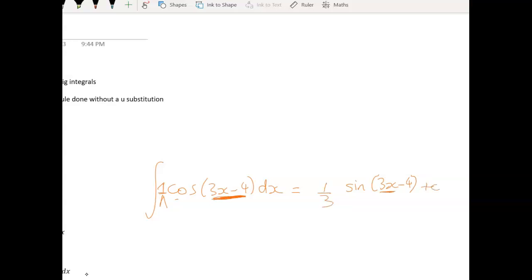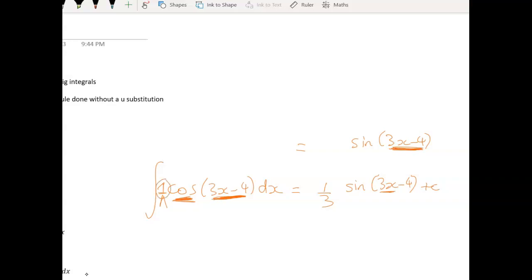So let's go through how I did that even more slowly. Well, I look at this, and I see that the integral of cosine is sine. So I'm going to write down sine of that function 3x minus 4, because when I differentiate this, my inside function is 3. So I'm going to multiply by 3 to differentiate it.